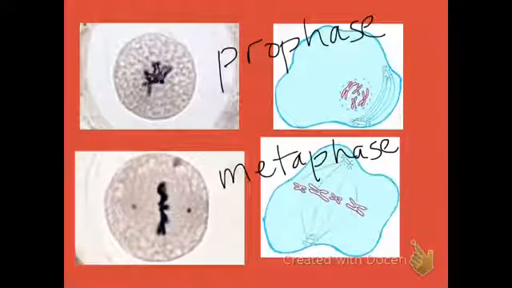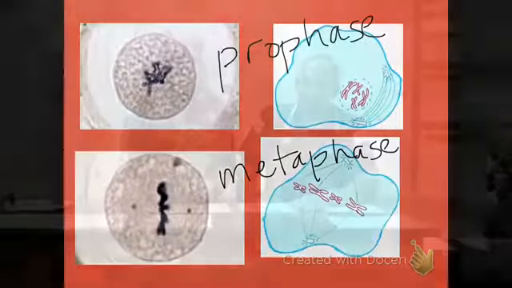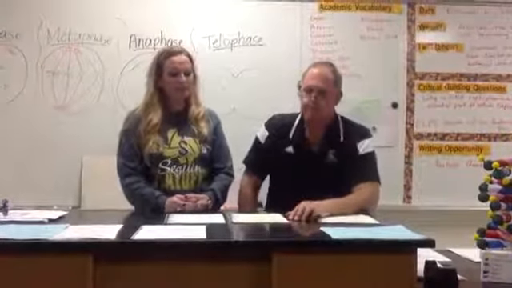These 2 diagrams show prophase and metaphase, which are the first 2 stages of mitosis. In metaphase, the chromatin is now combined into chromosomes, and 2 chromosomes connect with a centromere. And this all happens in the middle of a cell? Yeah, we can remember this by thinking metaphase means middle.